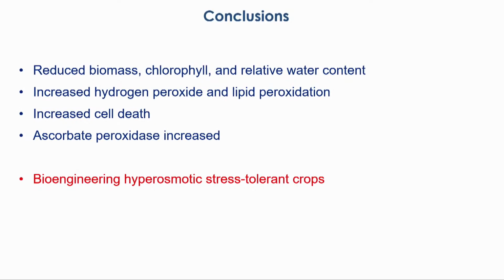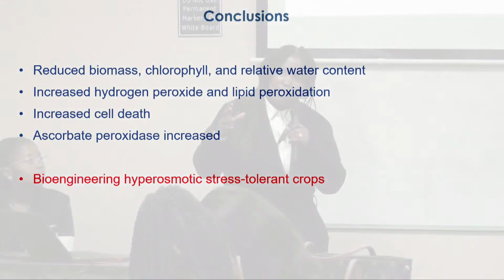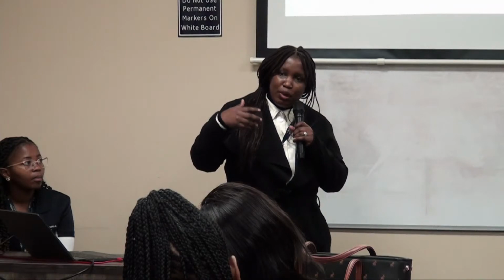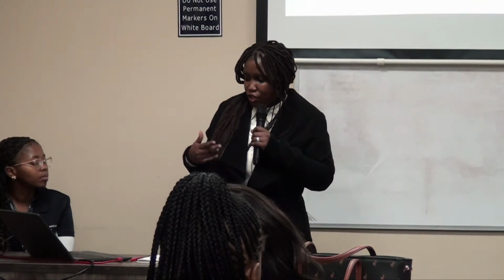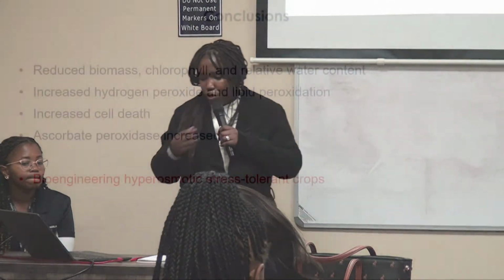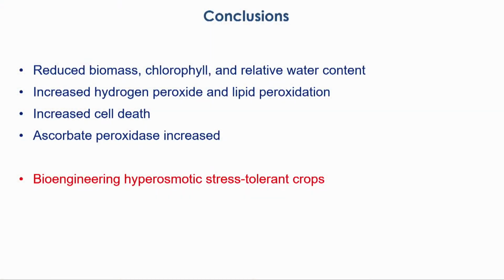Now, this happened because when the plant is under those abiotic stresses, it can no longer take up the carbon dioxide to convert it to chlorophyll that can be used by the plant in order for the plant to survive, which is why it discolors, as well as the relative water content gets reduced. Then there was increased hydrogen peroxide, lipid peroxidation, as well as increased cell death.